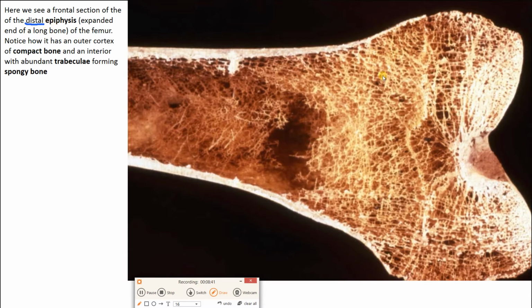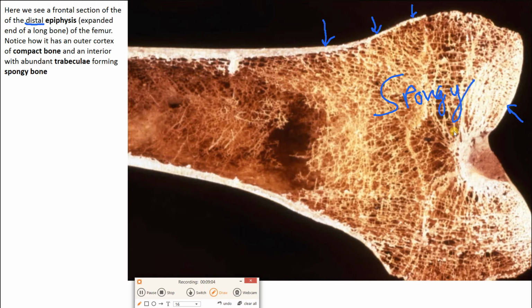So we have a distal epiphysis. We can see there is compact bone on the outside, pretty thin. It's kind of worn away as this bone has been handled in a lab. But compact bone on the outside, and then spongy bone on the interior.